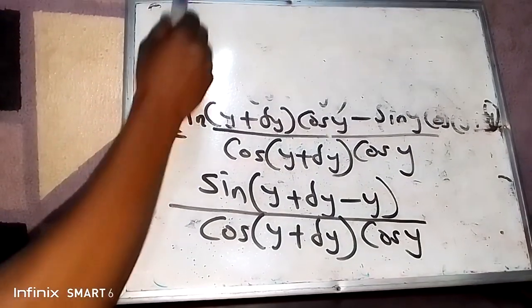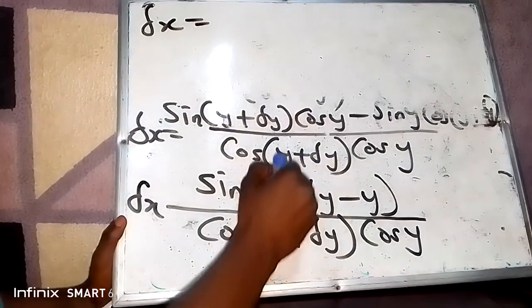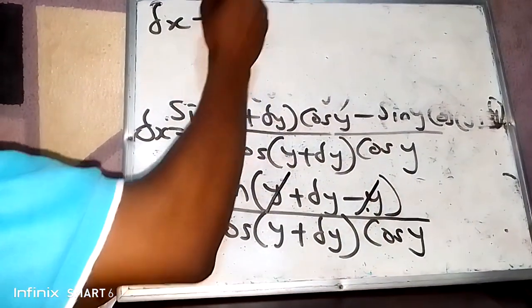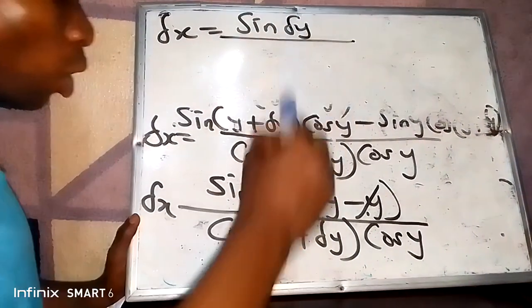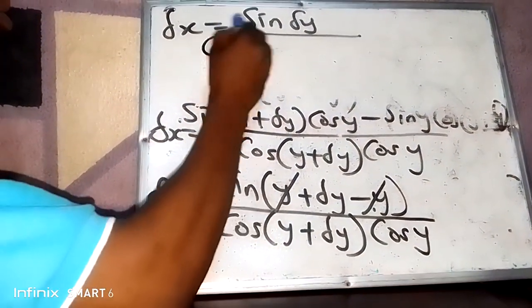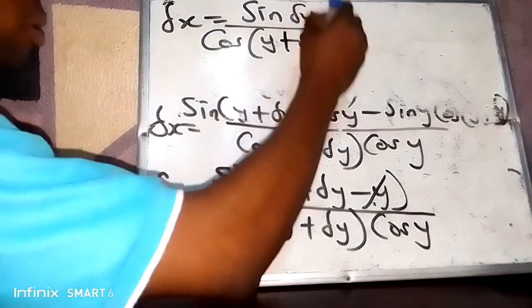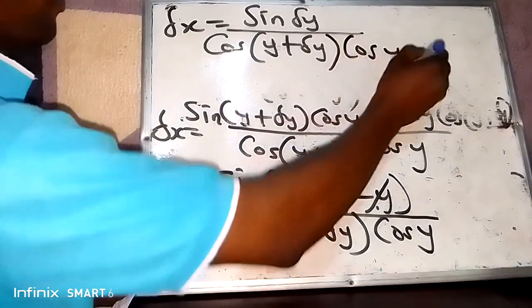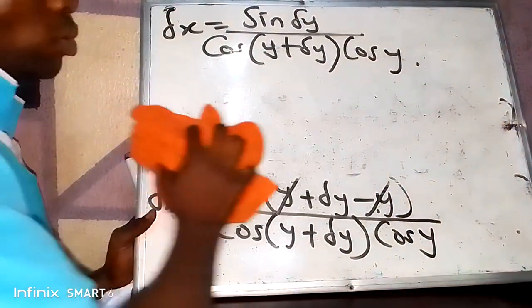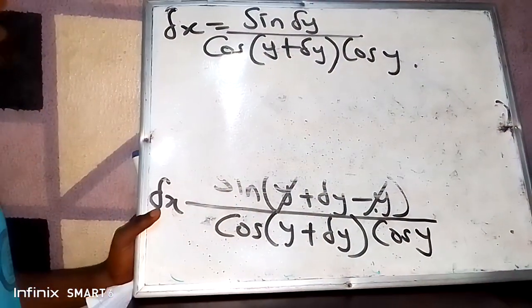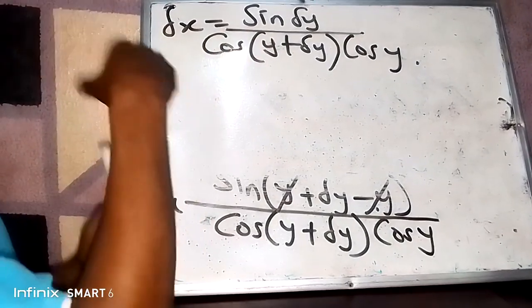So we continue by saying, don't forget, our dx equals, this cancels this, that means sine dy all over cos open bracket y plus dy close bracket, cos y. After that, what to do now? We want to divide both sides by dy.